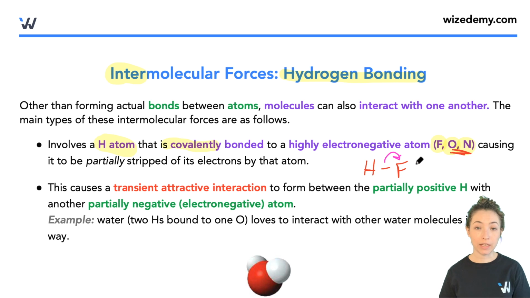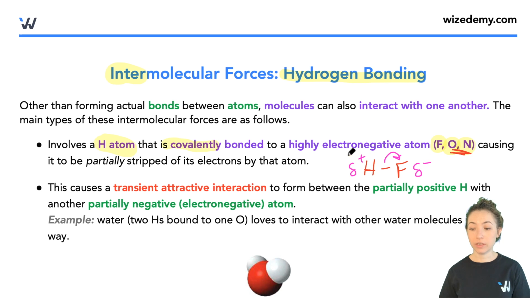Now, electrons are negatively charged, and when fluorine pulls these electrons towards itself, it will become partially negatively charged. So this delta sign here and minus means partially negatively charged. Now, because of that, now the electrons are a little further away from hydrogen in this bond, and so hydrogen will become partially positively charged.